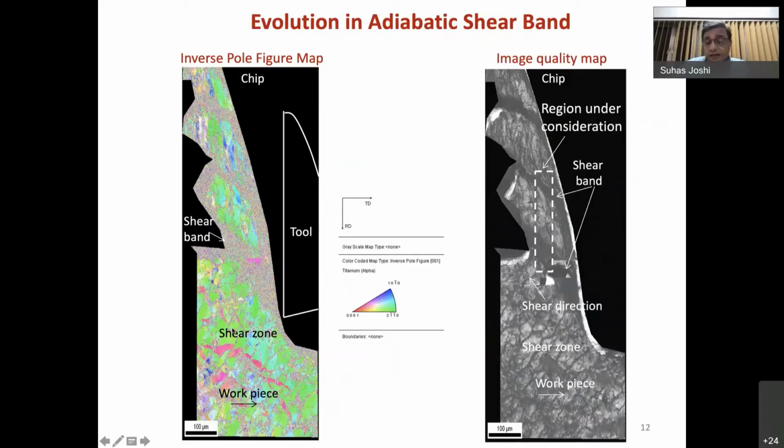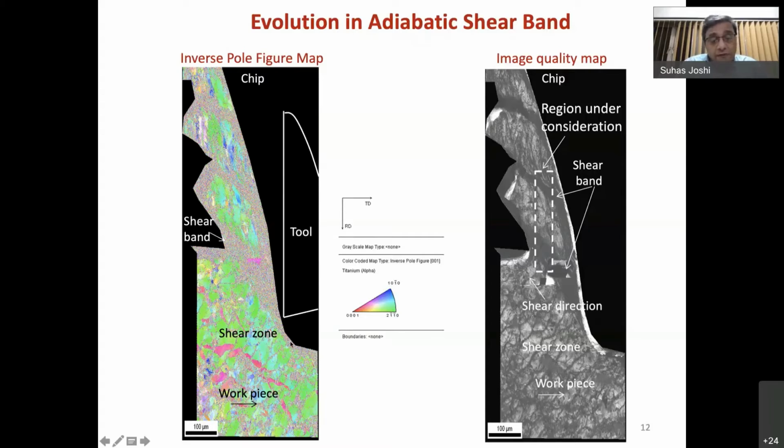So this is an EBSD electron backscattered image of the shear zone. Again this is one of the frozen chip segments, and you can see that the grains here and their colors indicate the initial size and orientation of the grains. This particular region over here is something similar to what is over here, and here also you find there is some distortion of the grains, but more or less similar.